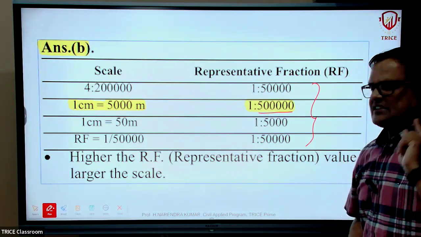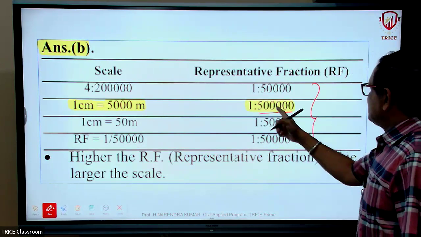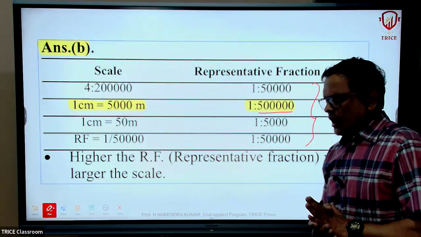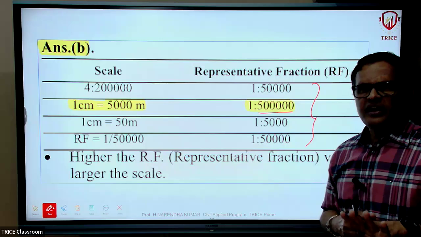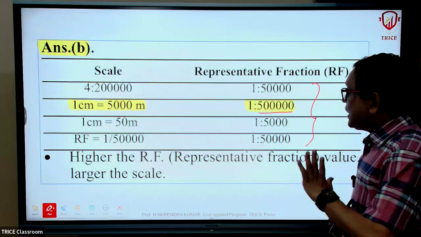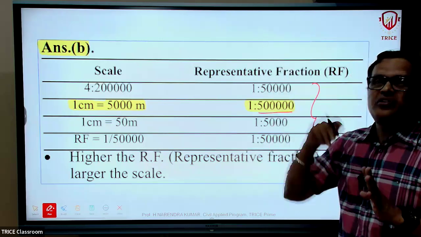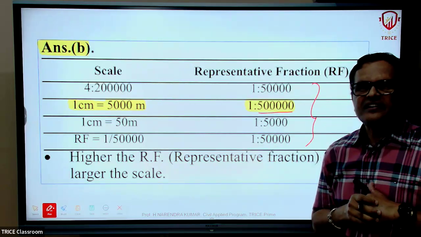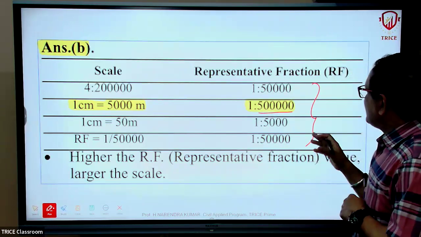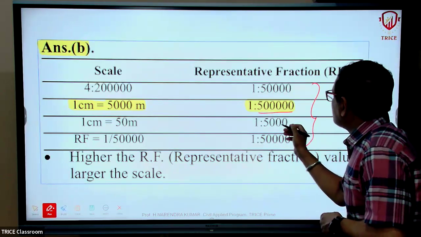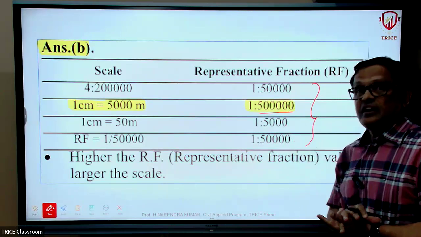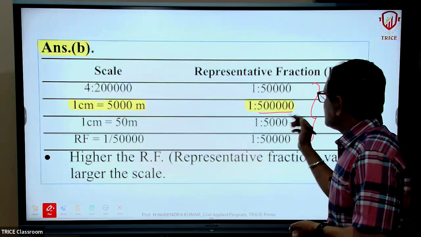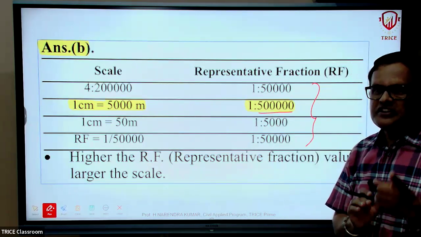Scale is very small, because it is 1 is to 5 lakh. What do you mean by 1 is to 5 lakh? 1 unit on the drawing is equal to 5 lakh units on the ground. So we say the scale is very small. Don't commit a mistake and think, oh, 5,000 is less, so let me choose 5,000. It is not so. The highest value on the right hand side gives us the lowest scale. Please do remember this.